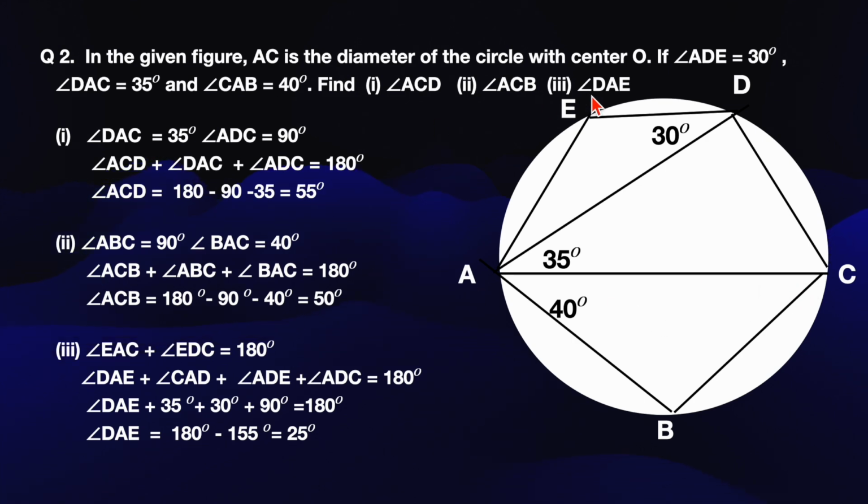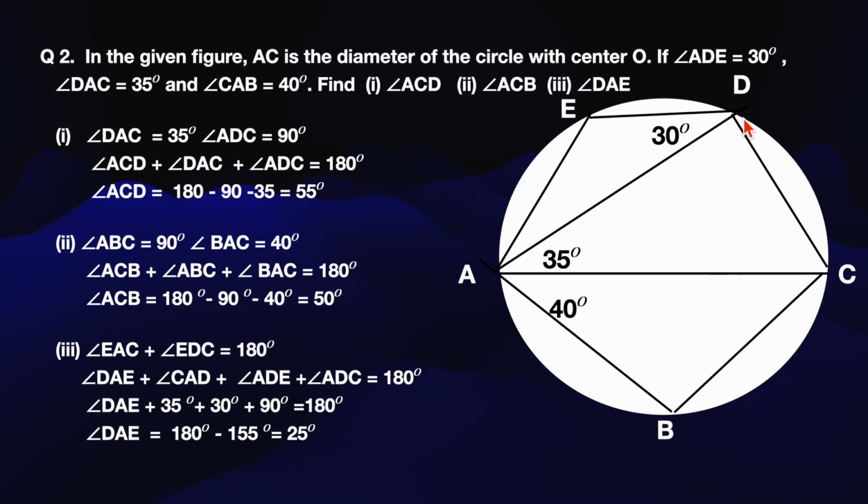The third is DAE. This angle we have to find. So take this cyclic quadrilateral AEDC. The sum of the opposite angles is equal to 180. That means this angle plus 35 plus 30 plus 90.